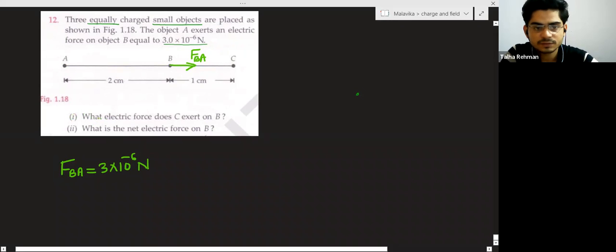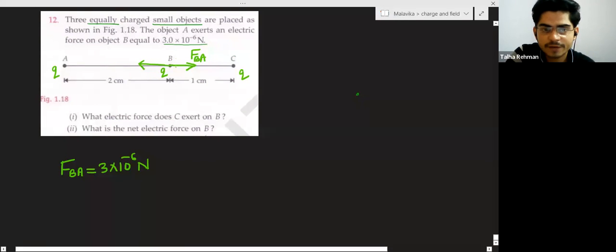The first part is: what electric force does C exert on B? You can imagine charges are placed here, and due to this charge, the force on B will be in this direction because they are the same charges.